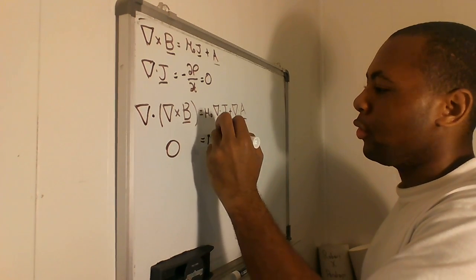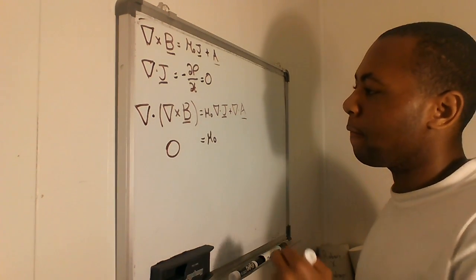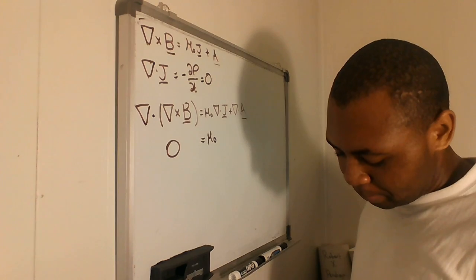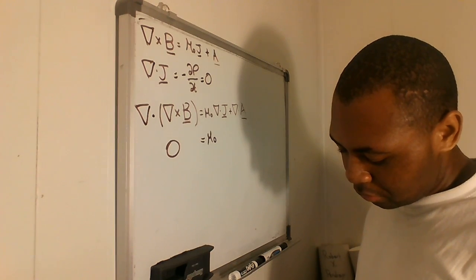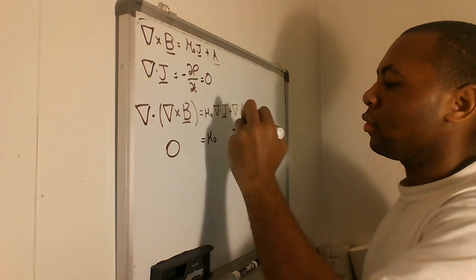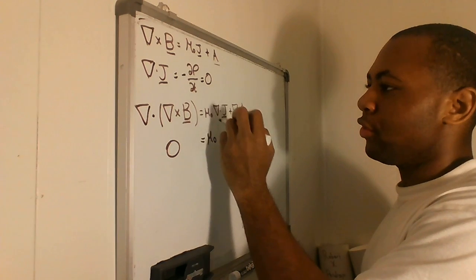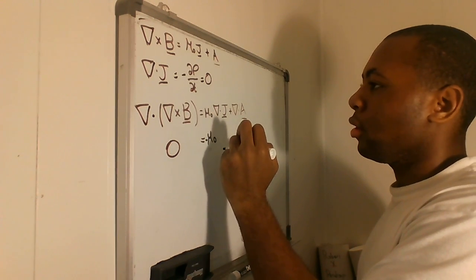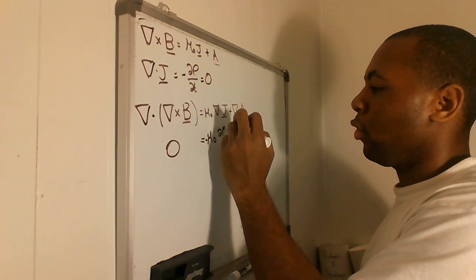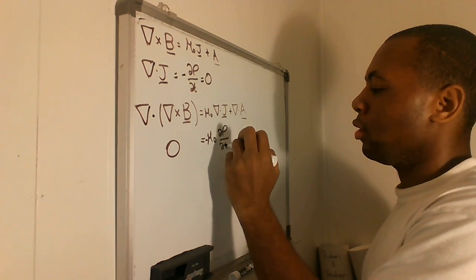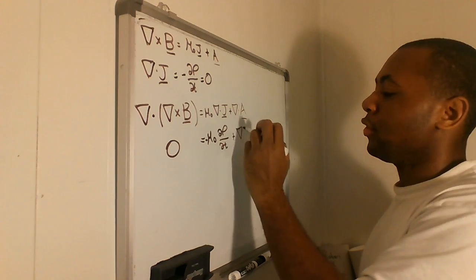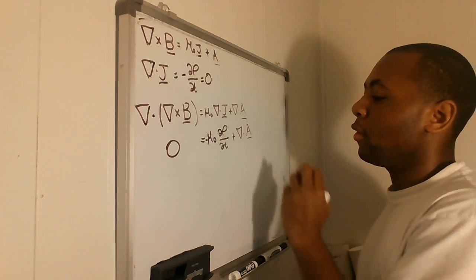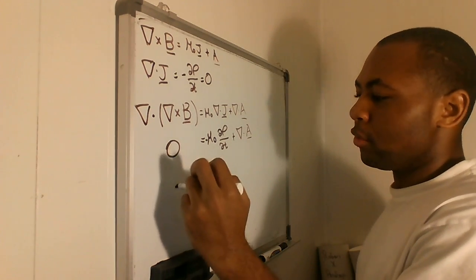And this comes down to mu naught divergence of J, which we already said was minus d rho dt, plus divergence of A. Let's move to this side.